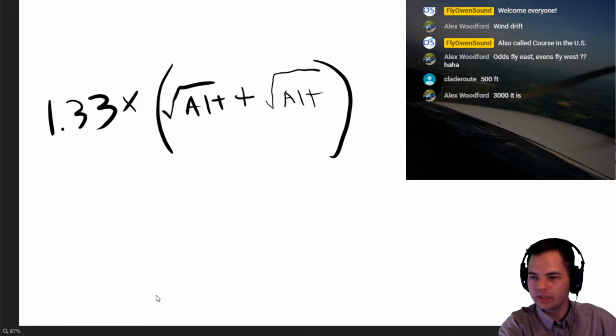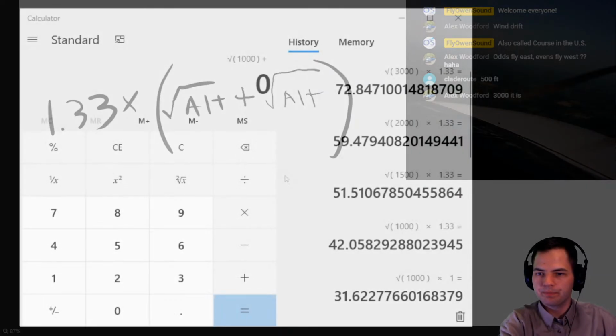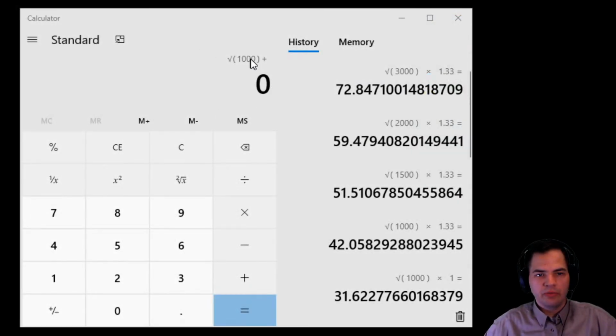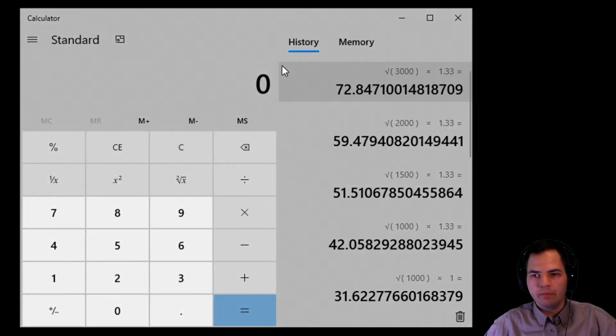Just gonna make it so you can actually see the little window there a little closer. There we go. Okay, so just above the 0 here, it gives you a little record of what you just did.